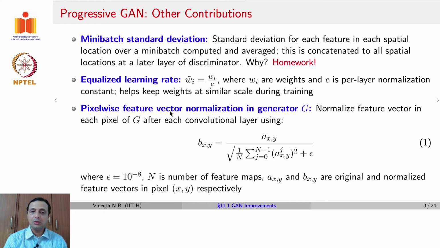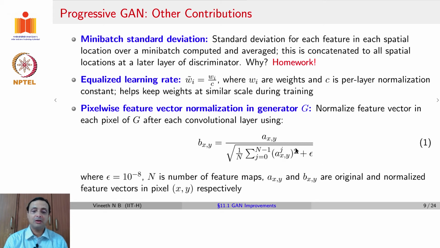Another contribution that progressive GAN makes is a pixel-wise feature vector normalization in the generator, where for each convolutional layer in the generator, the normalization is defined as a_xy, which is the xyth pixel in the ath feature map, divided by the square root of 1 by n, where n is the number of feature maps, summation j going from 0 to n minus 1, that's across the n feature maps, a_xy superscript j whole square plus epsilon.